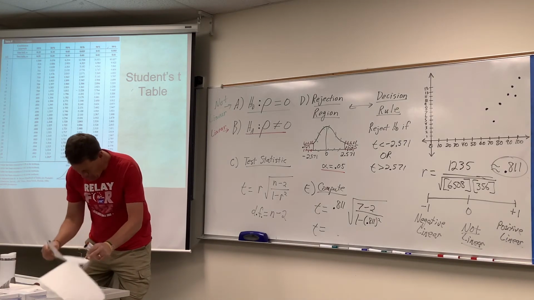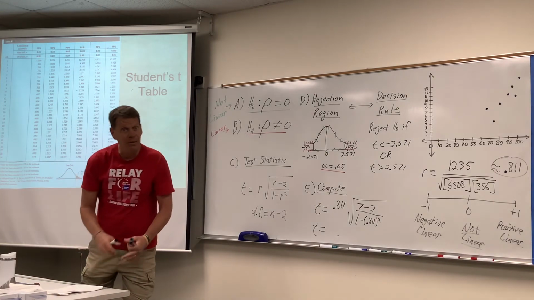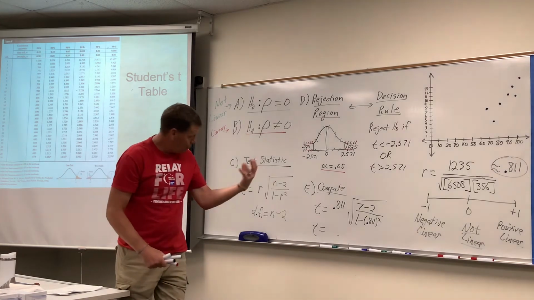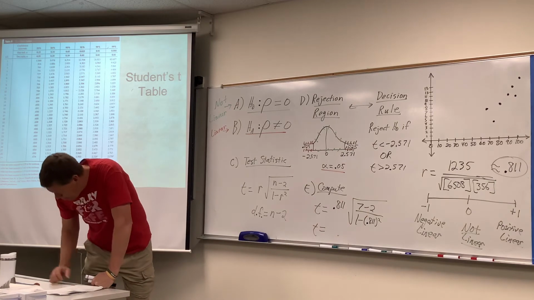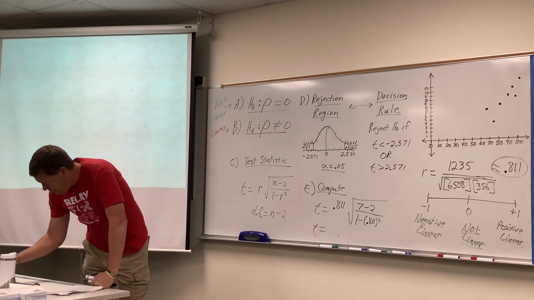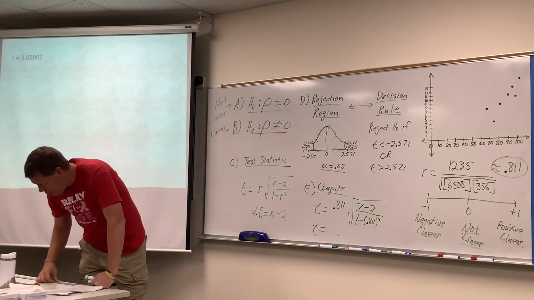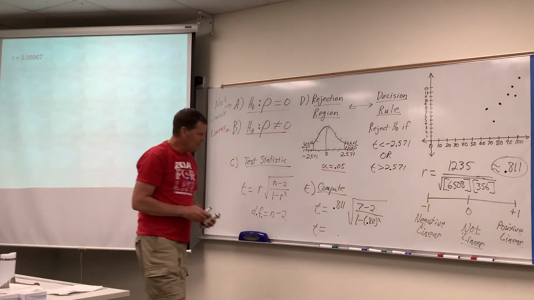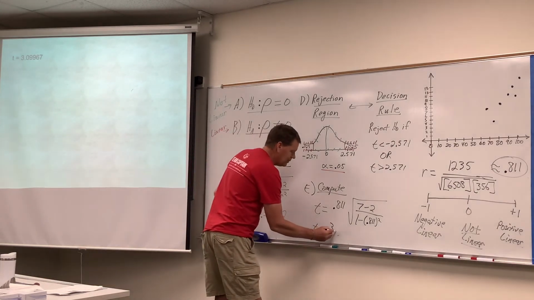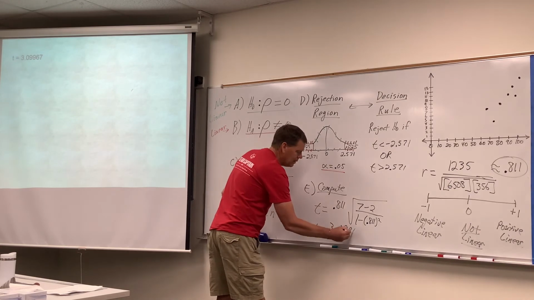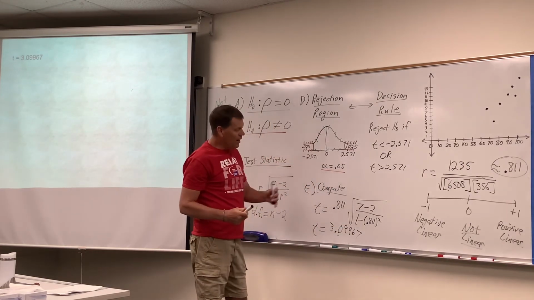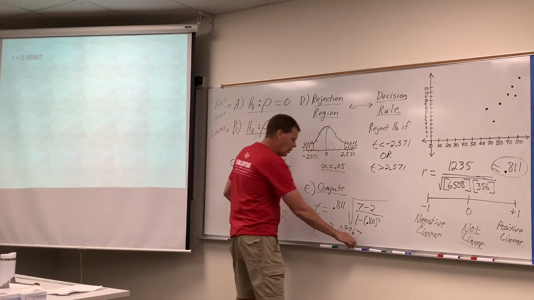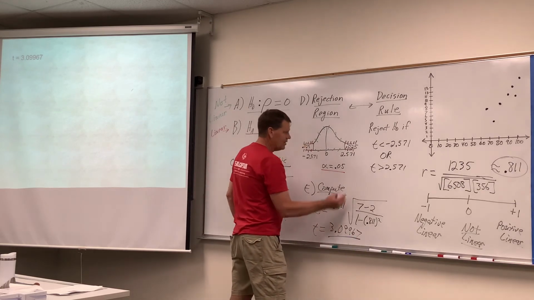I have to hope, and look, many people before you have been able to crunch those numbers just fine. So pushing buttons, 3.09967. Not sure why I kept so many digits. Because once you saw the 3, you knew it was out there. And it's positive.